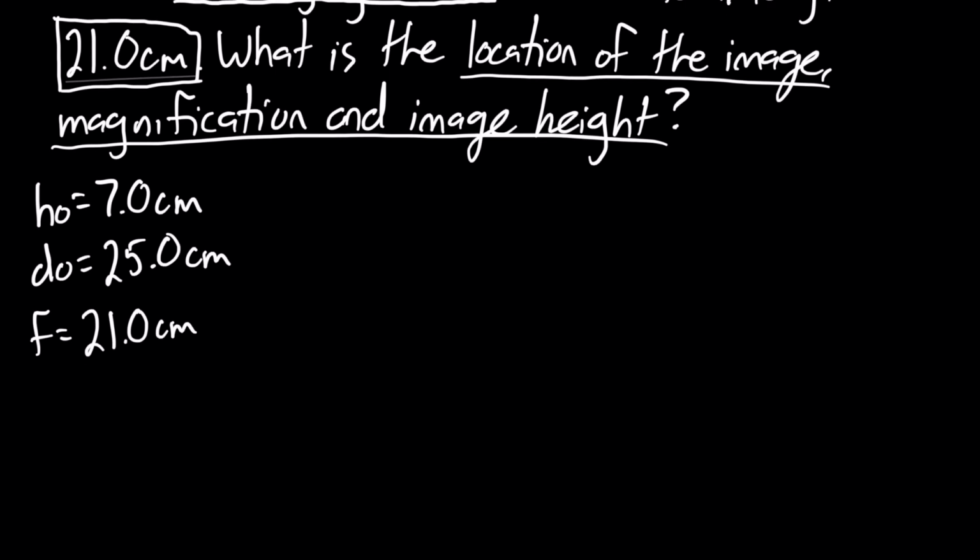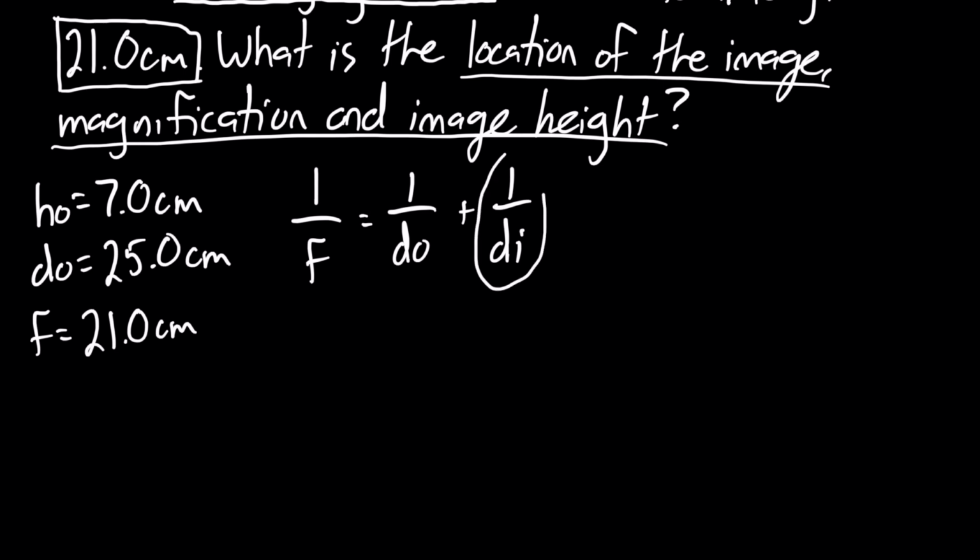So the formula that we can start using is the mirror equation, which is 1 over F equals 1 over DO plus 1 over DI, except we need to manipulate it a little bit because we eventually want to end up with DI.